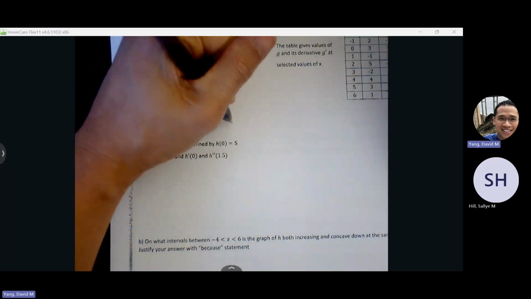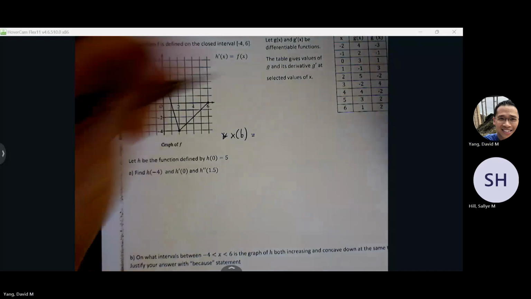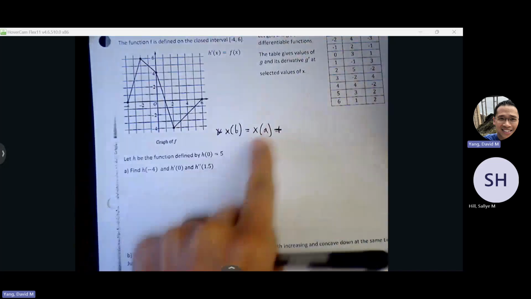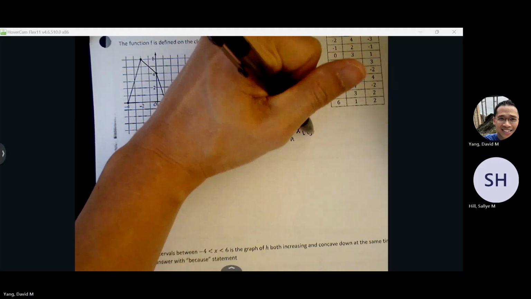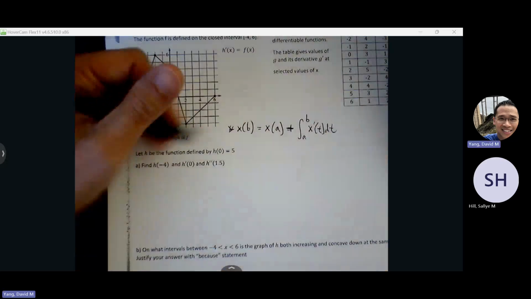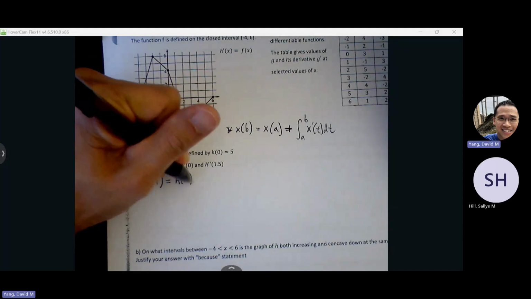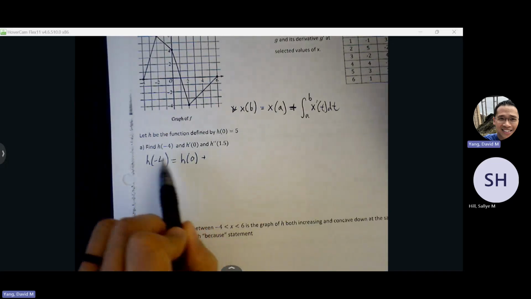So we're going to involve the rearranging of the first theorem, which says any point I'm looking for is always going to be my initial point, the given point, plus however much progress I've made from that point under the graph. So to adapt this formula, if I want to find h of -4, I'm going to start at h of 0 because that's what's given to me, plus, and I want to start at 0 and go to -4.